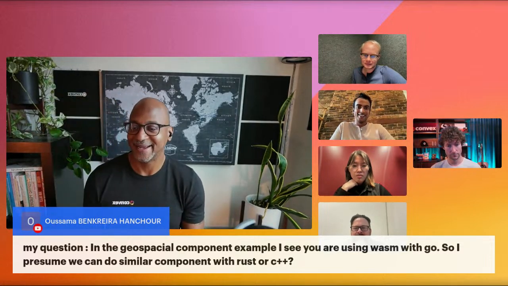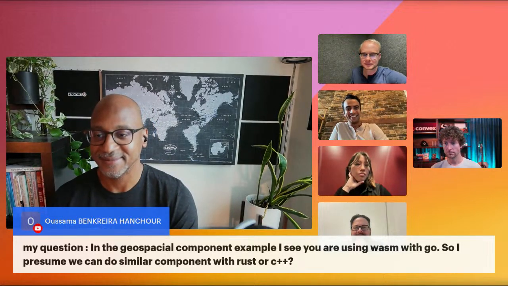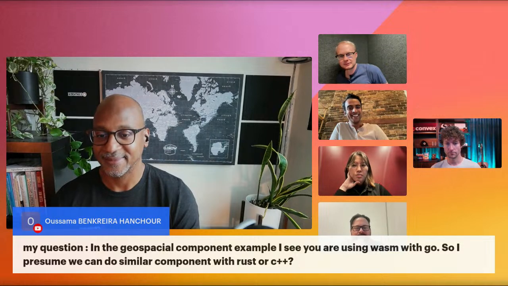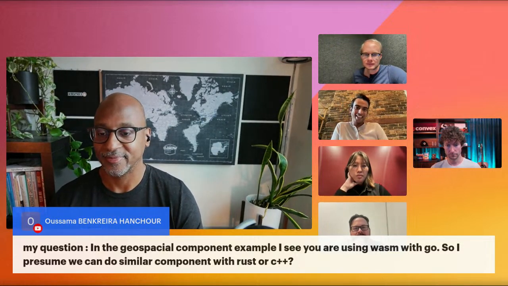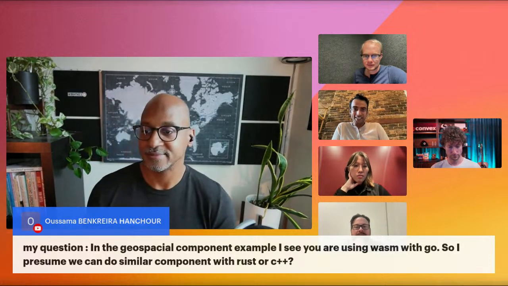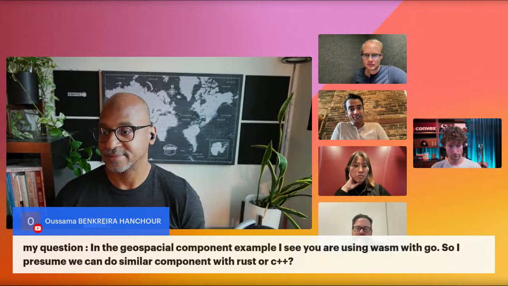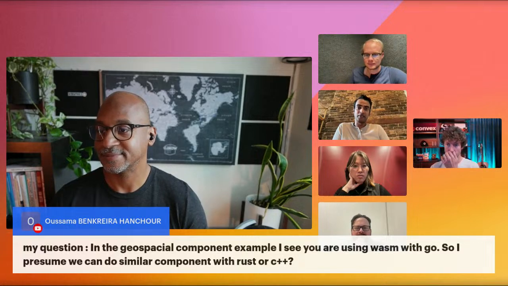Yeah, totally. That is a good observation that if you go to the GitHub and you see the languages that are used, it is some JavaScript, TypeScript, but then just a little bit of Go. And yes, that is something that you can do with your own components. You can even do it in your own regular Convex functions. We haven't really gotten the DX in a good place yet for authoring WASM binaries and using them within your Convex functions.